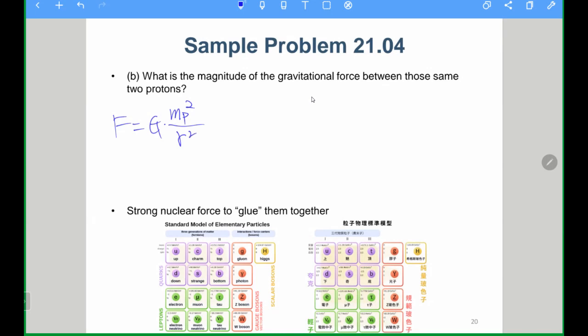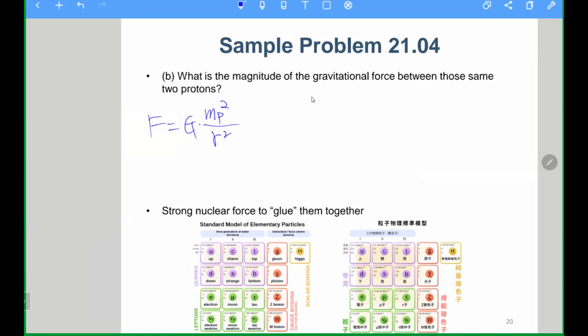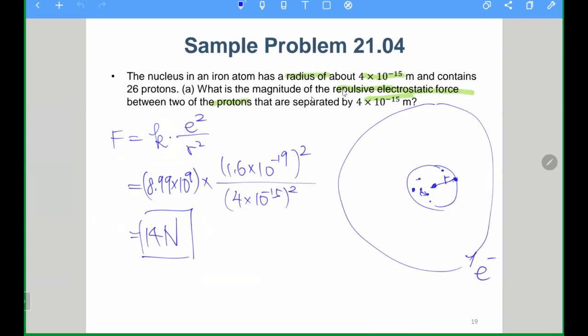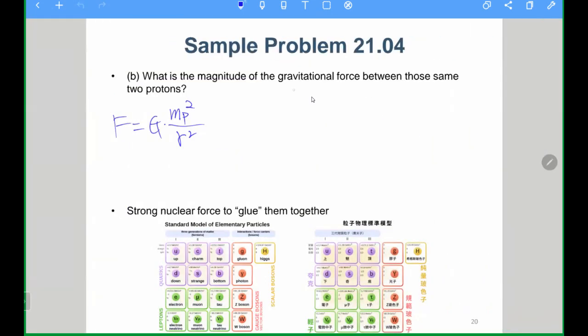Here we consider the gravitational force because gravitational force is attractive, and the electrostatic force for particles with the same polarity of charge is repulsive. So this is repulsive, and the gravitational force is attractive.